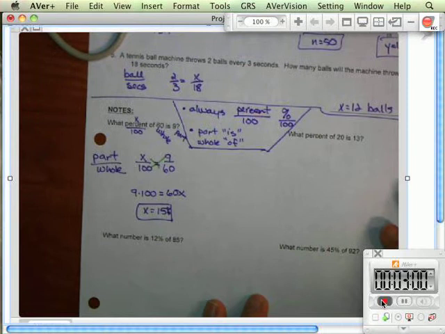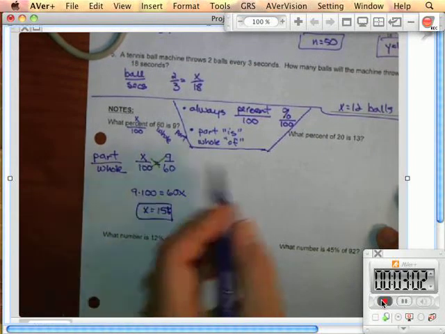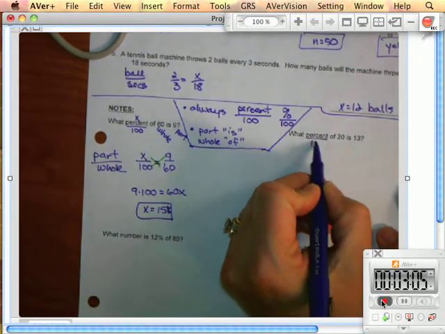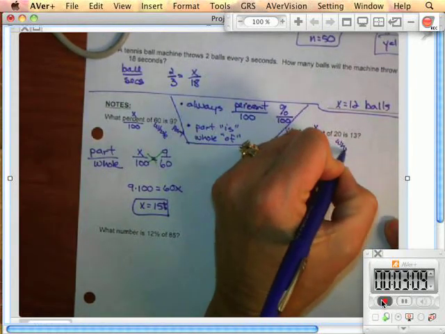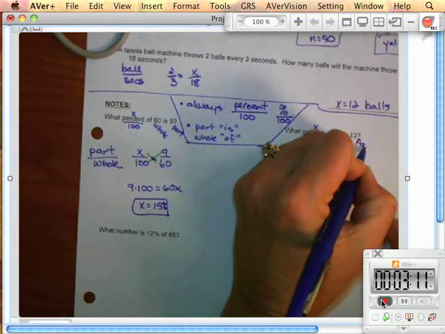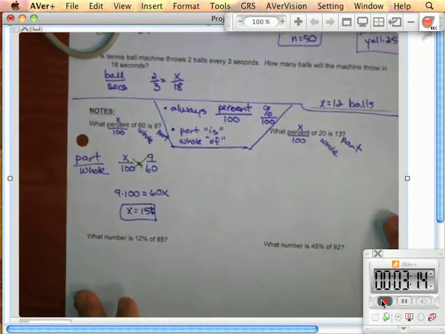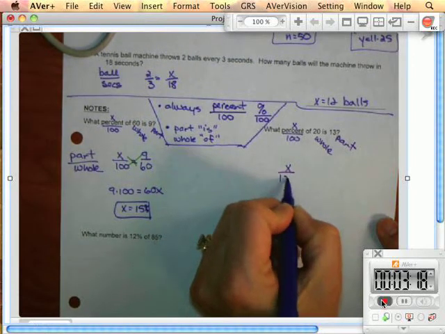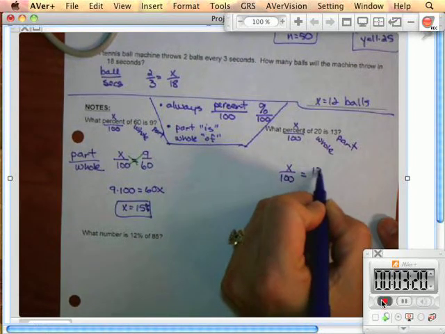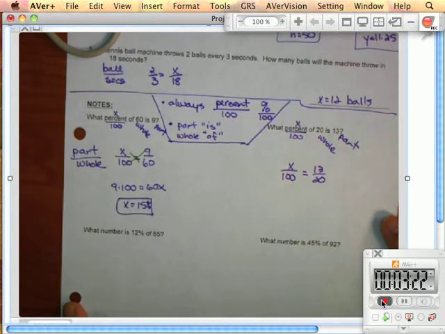That's why you need to know how to set it up this way. What percent, again I don't know my percent, that's my unknown, of 20 is 13? Part and whole, so let's just set it up. x over 100 equals 13 over 20, part over whole.